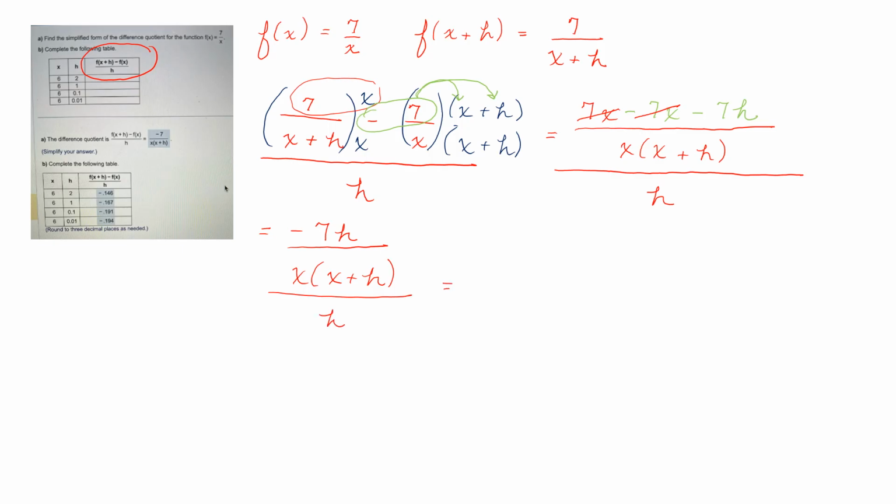So if I rewrite this, I'll have negative 7h over x times x plus h divided by h, because it's this top divided by the bottom.